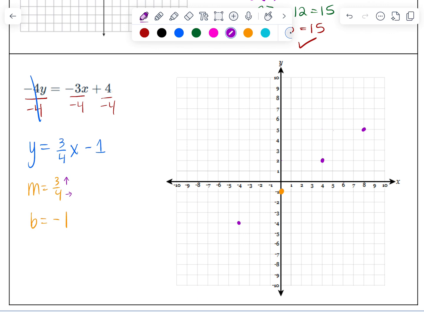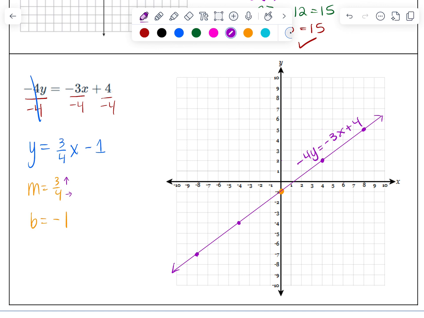And I can do that one more time, down 3 to the left 4. Okay, I'm going to connect. Please use your straight edge. Once I'm finished, I want to put arrows at the end. And we're going to label with the original equation, -4y equals -3x plus 4.